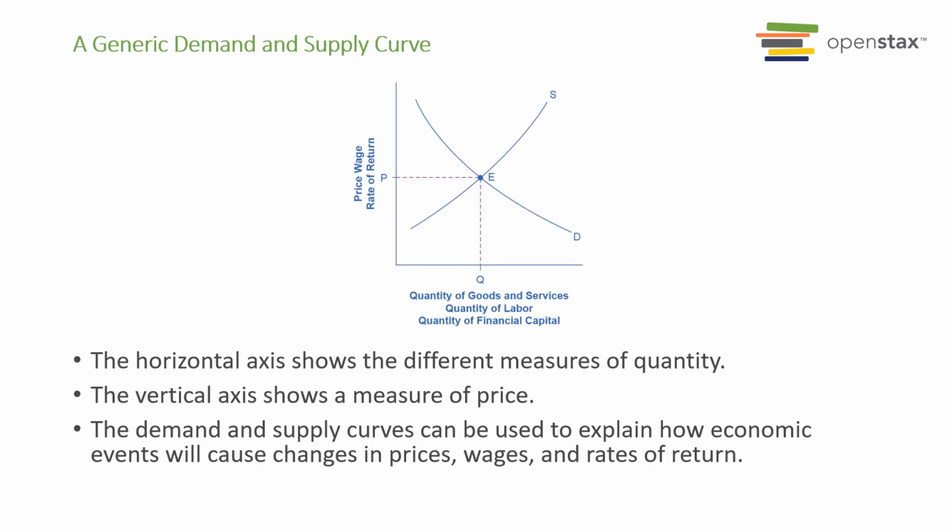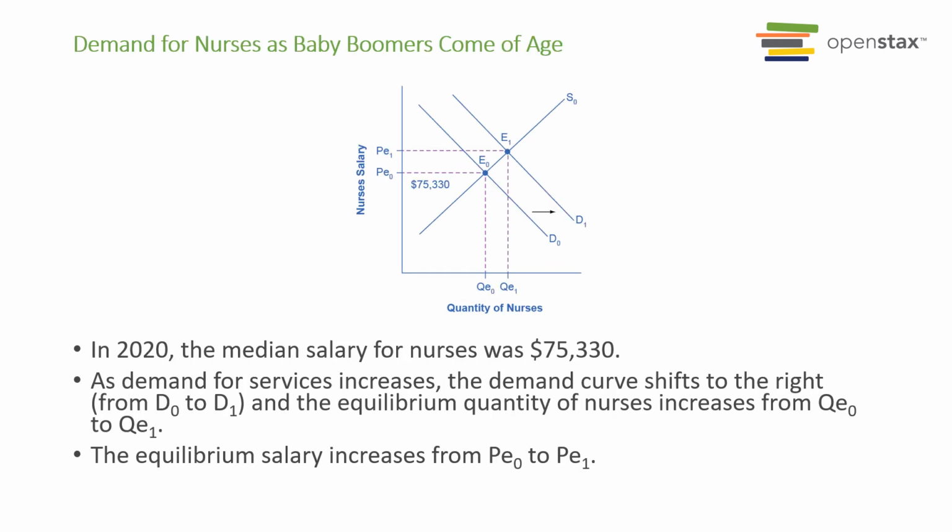So in our previous example, when we talked about the labor market, let's say for nurses, let's suppose in 2020, the minimum salary for nurses was 75,330. Let's suppose demand for nurses increased in 2020. Guys, that actually happened, because with the pandemic there was a huge shortage of nurses. There was a higher demand for nursing, so nurse demand went up.